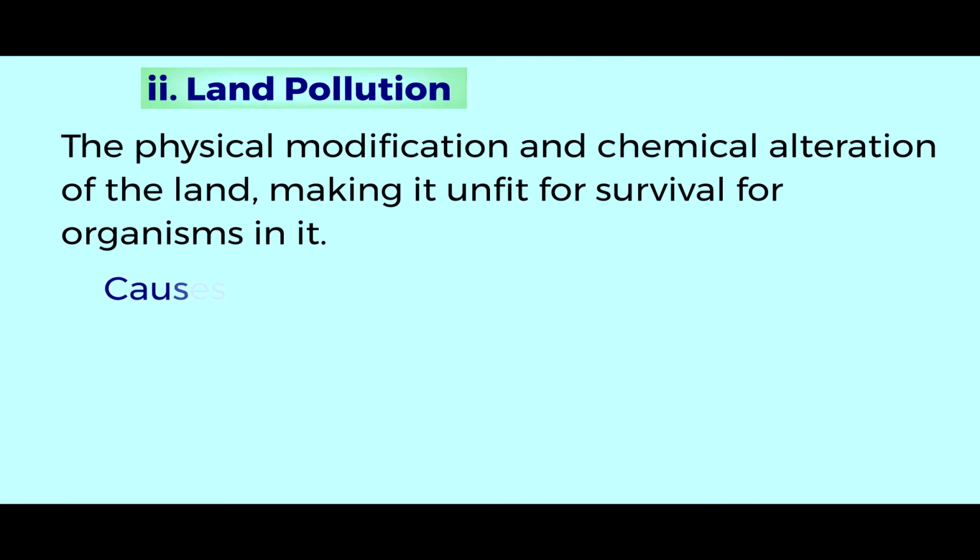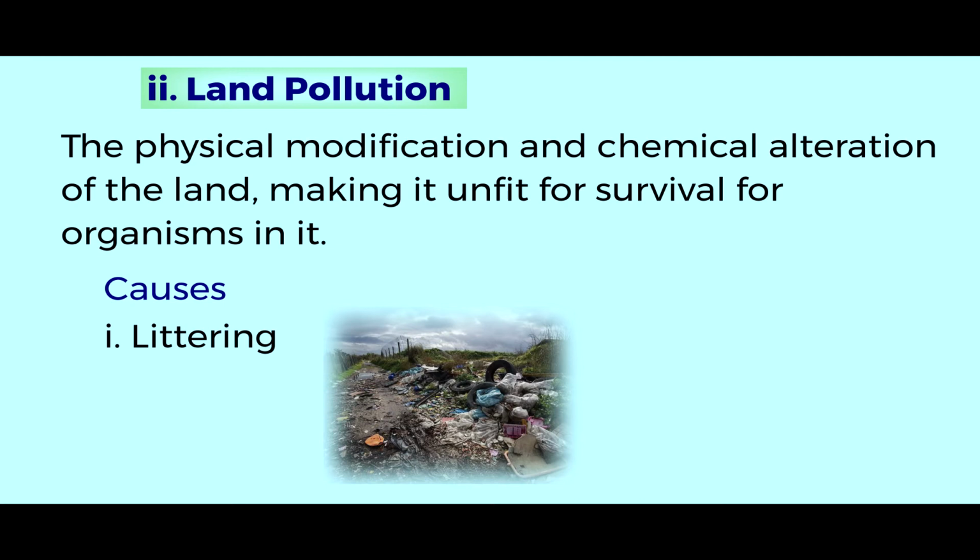Again, just like what we did before, let us look at some of the common activities that can cause land pollution. The first one is littering. We call that littering because a lot of plastic wastes, which are non-biodegradable, are often thrown away.